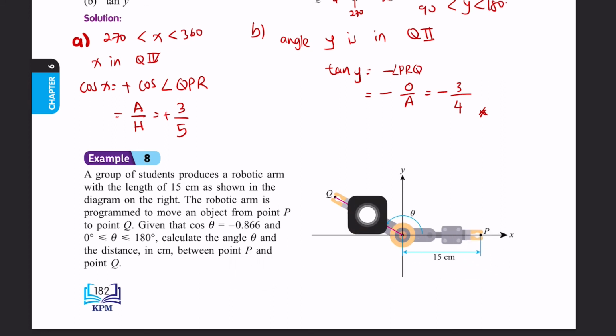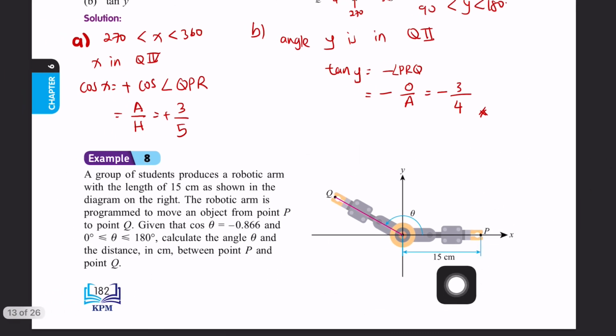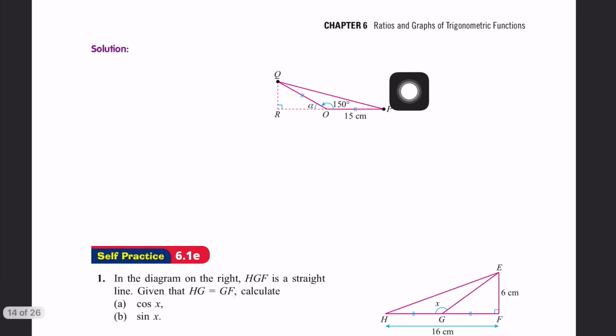Dia nak cari distance. Okay. So macam mana kita boleh buat? Okay, so from this diagram, actually you can redraw it as macam ni. Ni tadi arm kan, itu dua arm. Okay, sekarang the question asks what is the distance between P and Q. Okay.